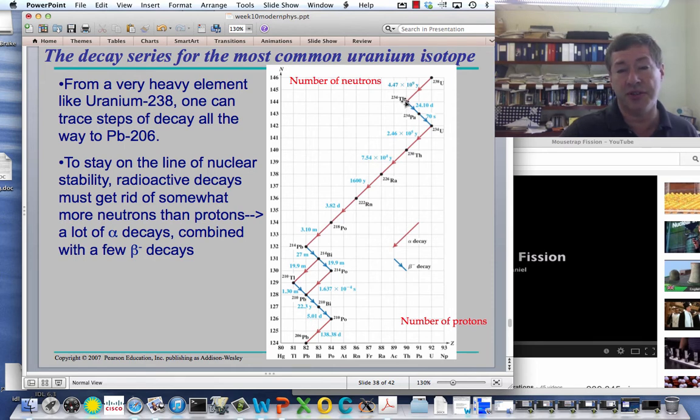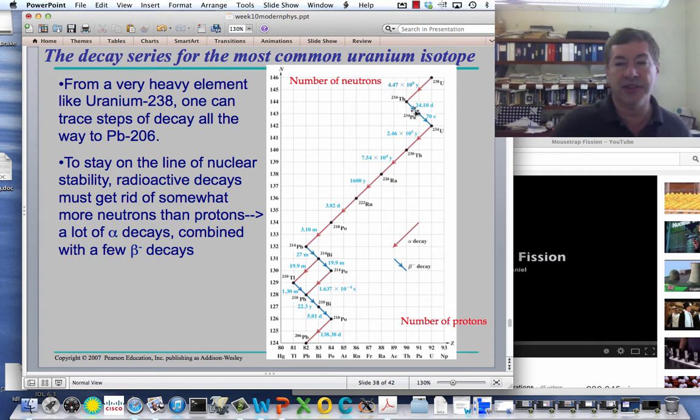As soon as you get to 234, thorium says, I have 2 fewer protons and 2 fewer neutrons, but I'm feeling really overloaded with neutrons. And so what does thorium do? Aha! It changes one of those unwanted neutrons to a proton. Ta-da! Very simple little one-step process.